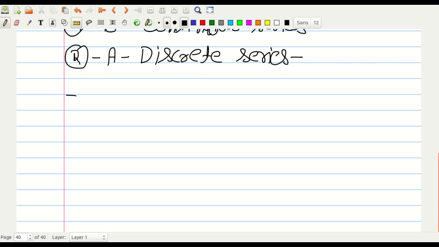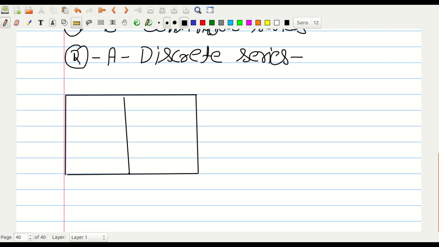For example, if I am making a table, I am writing here marks and frequency, and here I am also writing the marks.